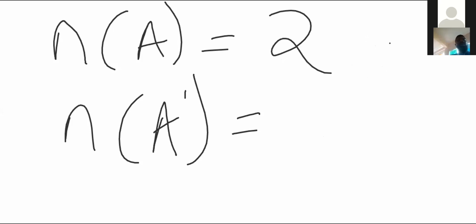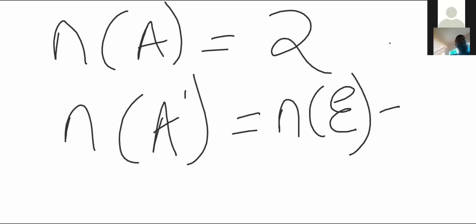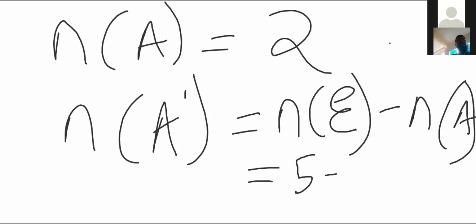The cardinality of A prime is the cardinality of the universal set minus the cardinality of A, which is 5 minus 2, giving 3.